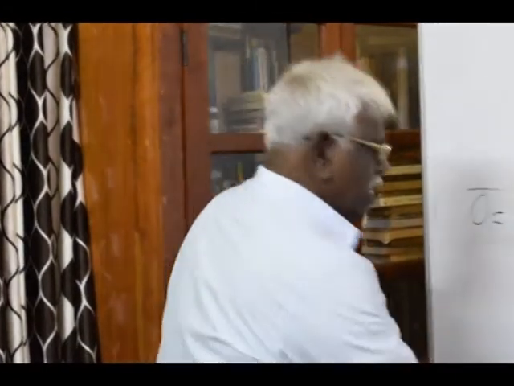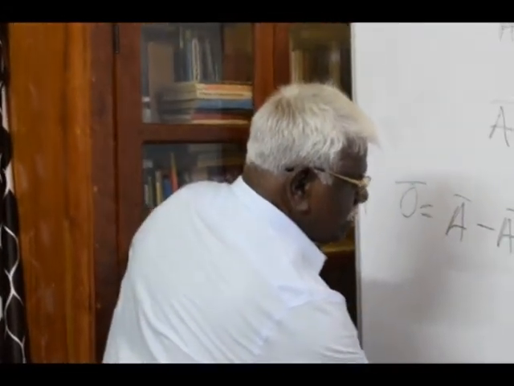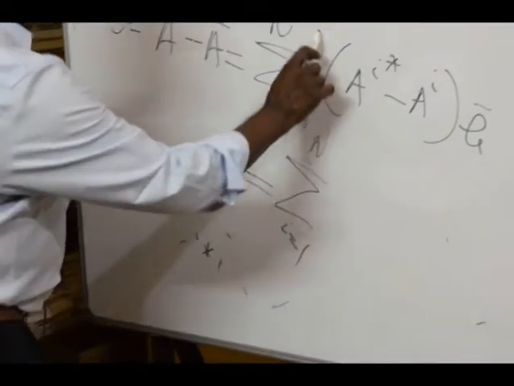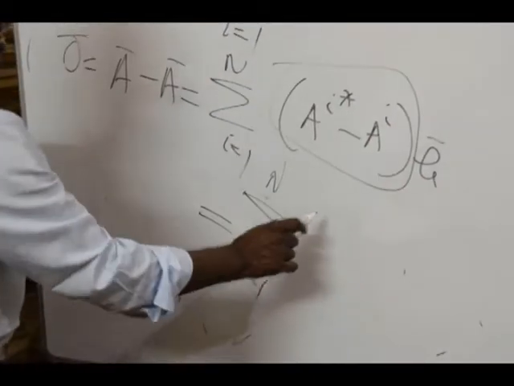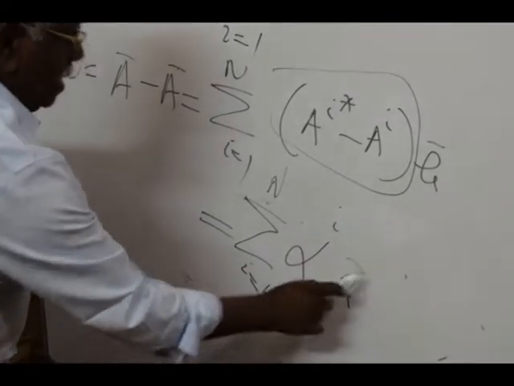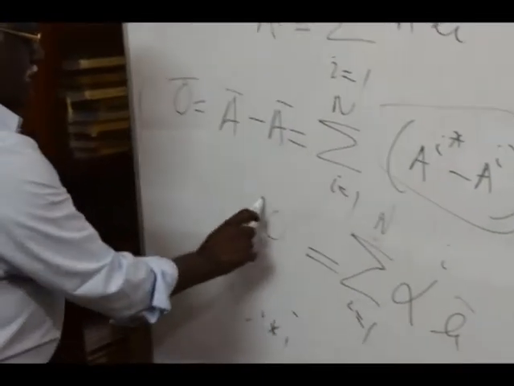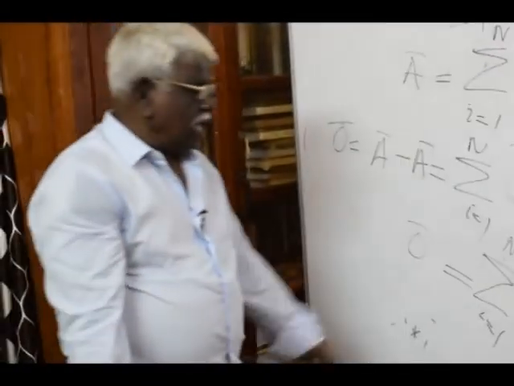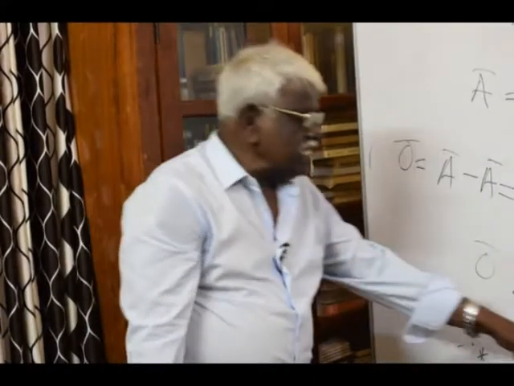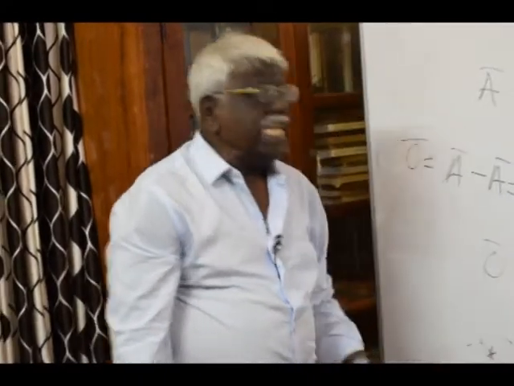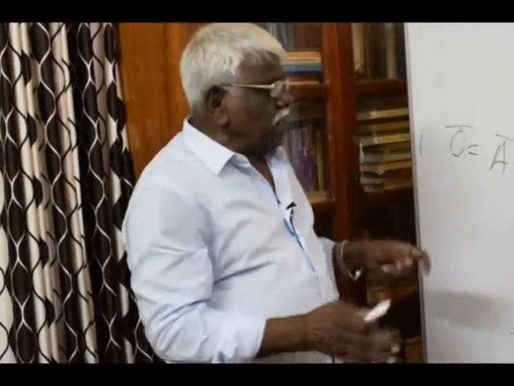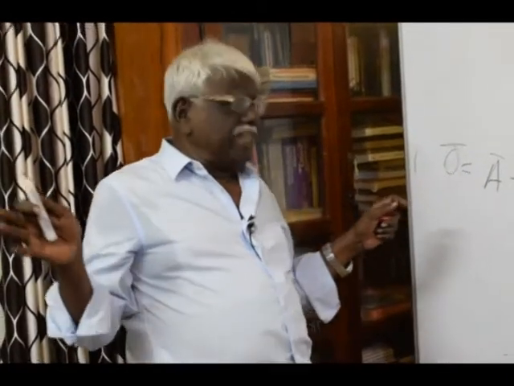So what does it mean? Say I call ai star minus ai as alpha i. Then sigma alpha i ei equals the 0 vector, showing that all alpha i's must vanish, because the set of ei constitutes a linearly independent set of vectors.